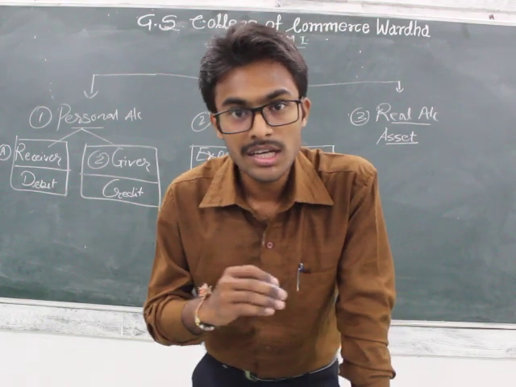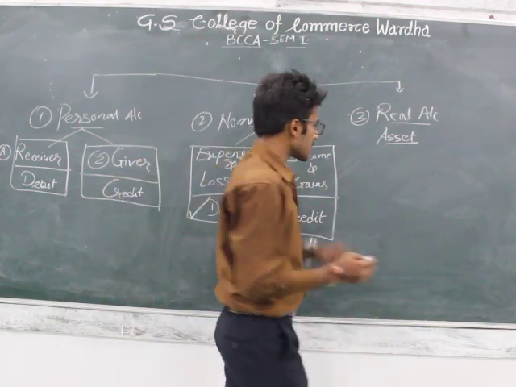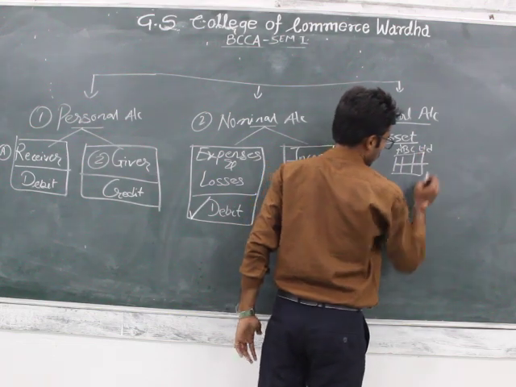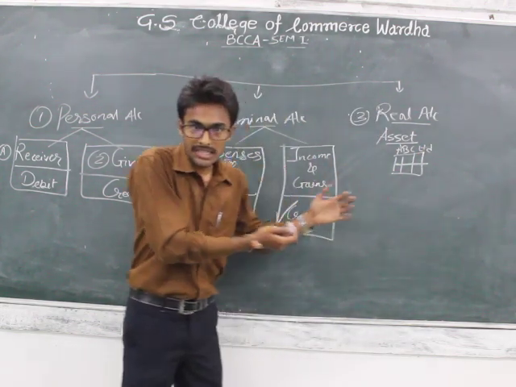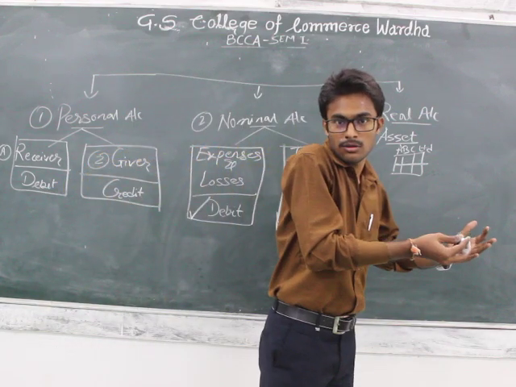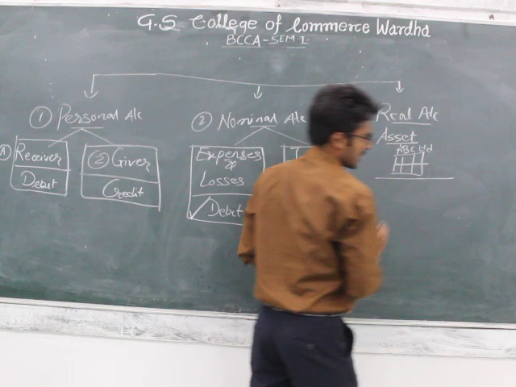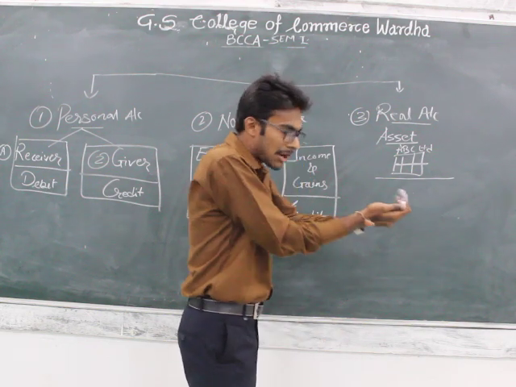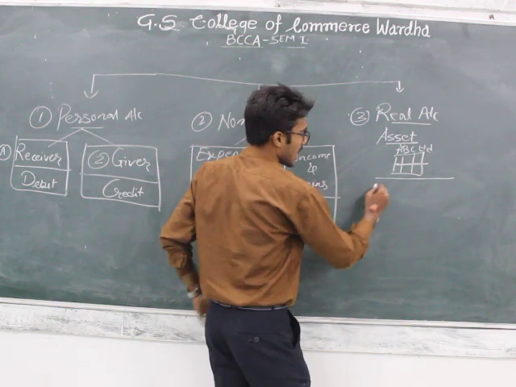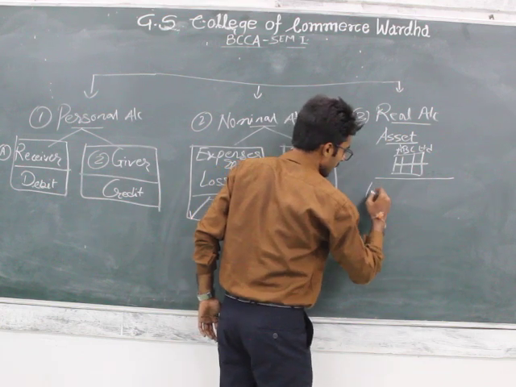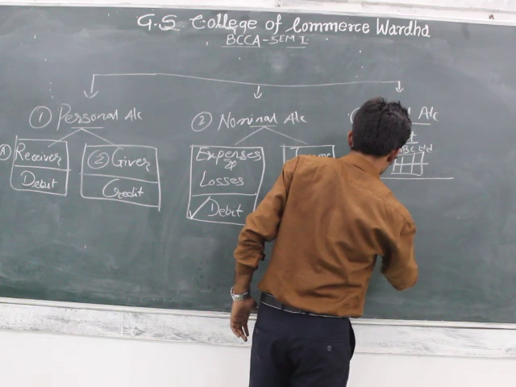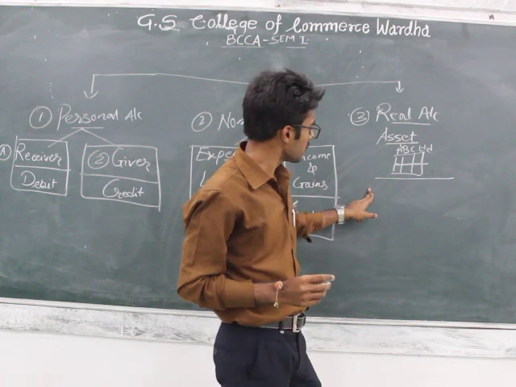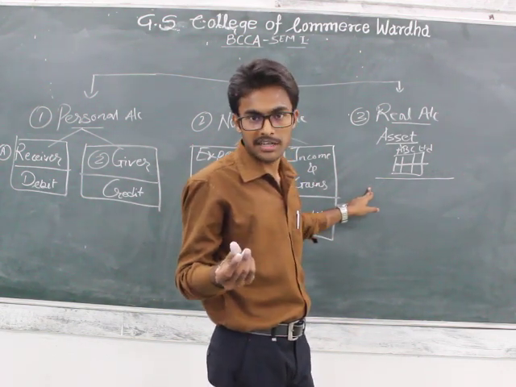Let's come to the business view. In business, say business ABC Limited, an asset can be taken or can be given. When an asset is coming in, we will have two aspects for debit and credit.